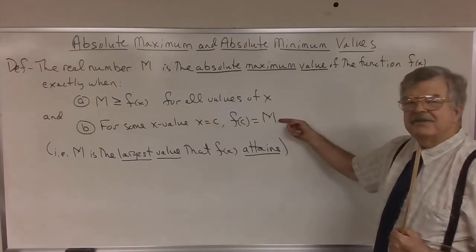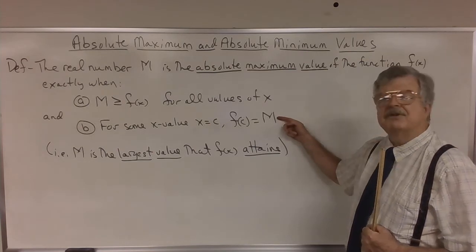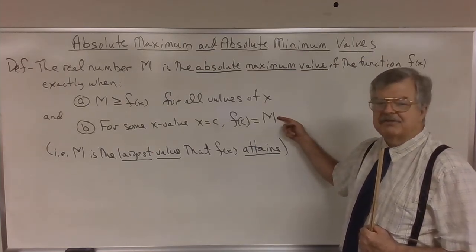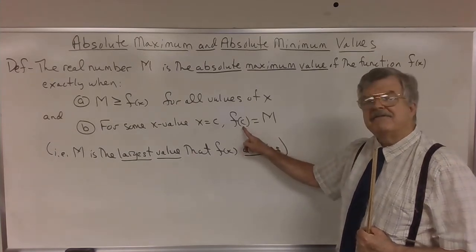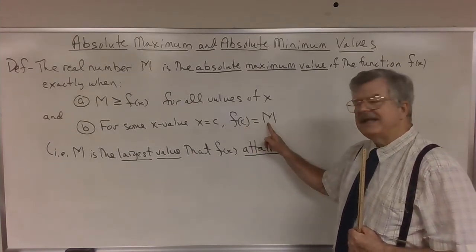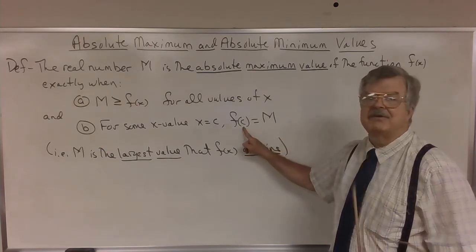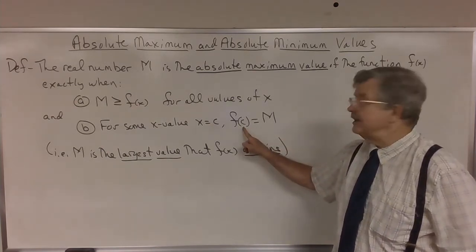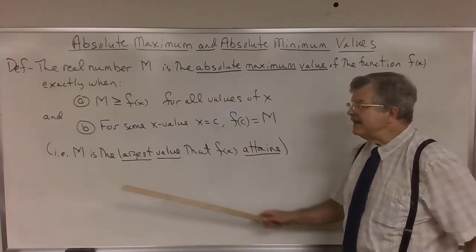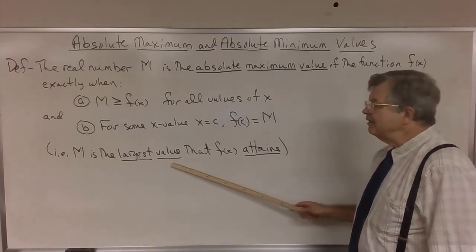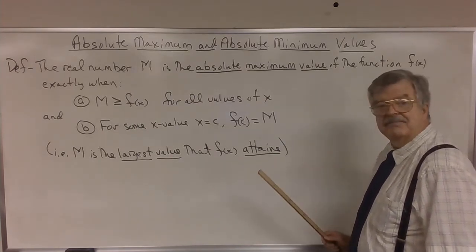Now, the point of this stipulation is that in order for capital M to be the absolute maximum value of the function f of x, then f of x actually has to be equal to the absolute maximum value for some value of x. Let's say x equals c. Now, in plain speak, M is the largest value that f of x attains.